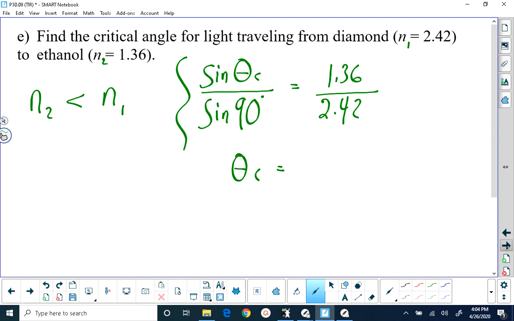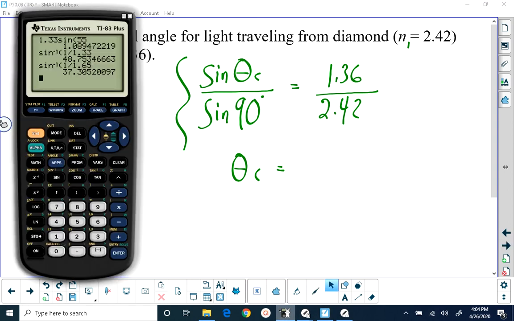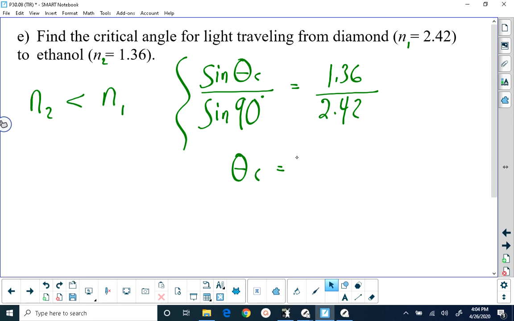Again, sine of 90 degrees is equal to 1, so we don't need to really worry about that. 1.36 divided by 2.42 gives me that number. That, of course, is the sine of the critical angle, so I need to take the inverse sine of it, and I get a critical angle of 34.2 degrees.